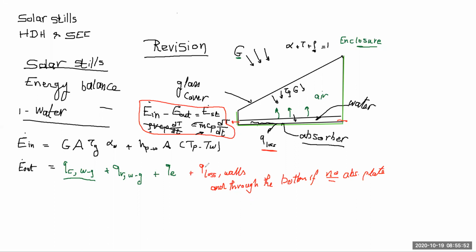If there is no absorber plate, then there will be losses from the water to the bottom. And then the third expression typically is going to be energy storage, the standard expression M water, Cp water, dT water by dt. So this is the energy balance for the water.